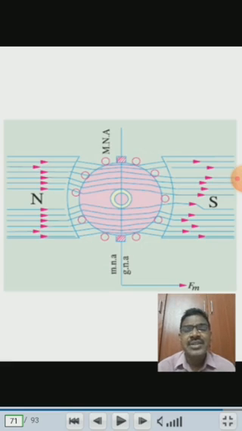The flux lines are passing from north pole to south pole, and the MMF produced due to this flux, MMF is nothing but the number of turns into the current passing through the turns, right? So that is called MMF. Here the MMF produced due to this field magnet is shown as the vector OFM, which represents direction as well as the magnitude of this magnetic flux, which is perpendicular to the magnetic neutral axis. This is the thing you have to observe from this diagram.